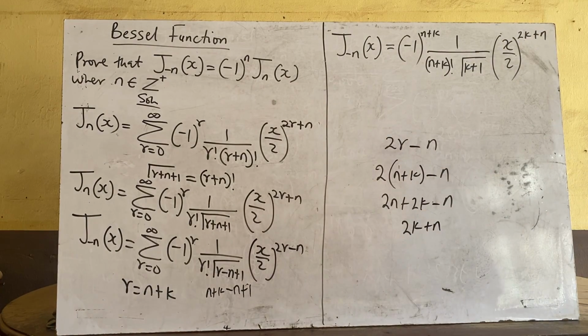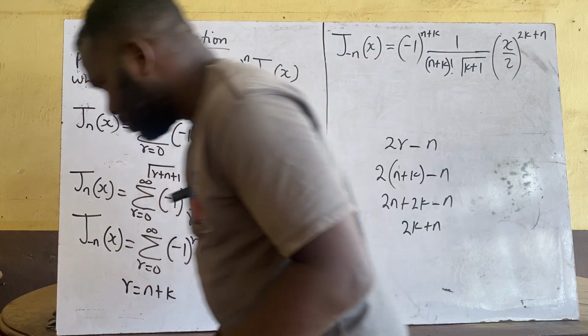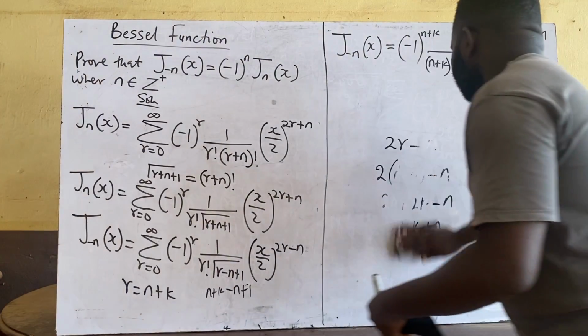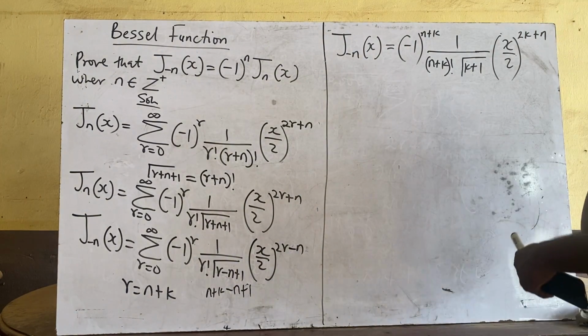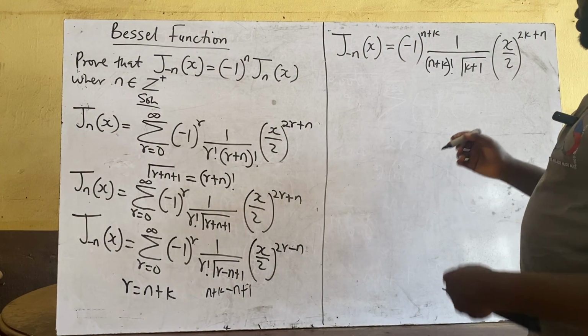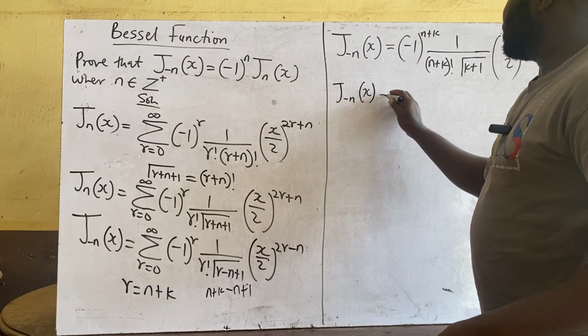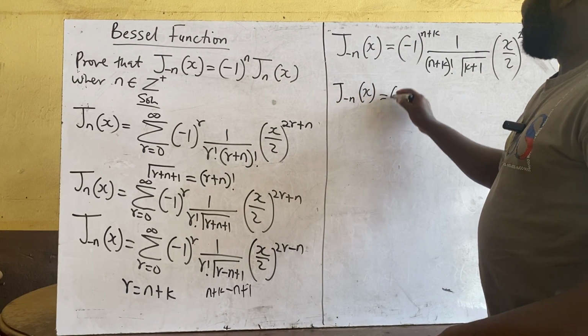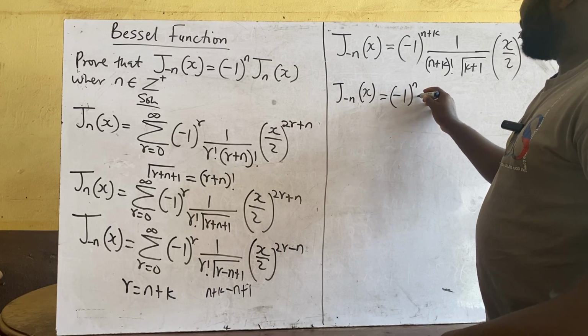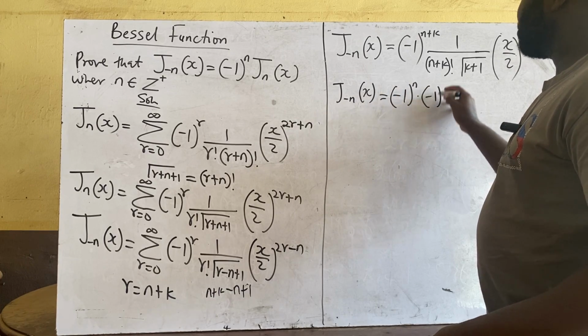So having this now, we are almost done with what we are doing. So let me clean this. So you see that, let us separate this one. You know that according to indices, this is J minus n of x is equal to, separating this one, I have minus 1 raised to power n, then multiply by minus 1 raised to power k.